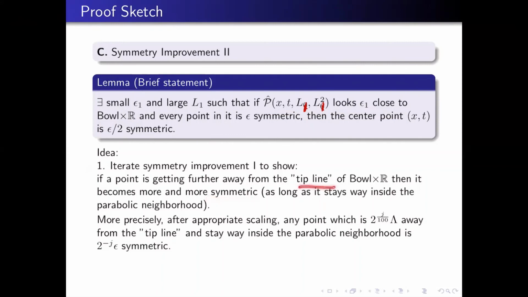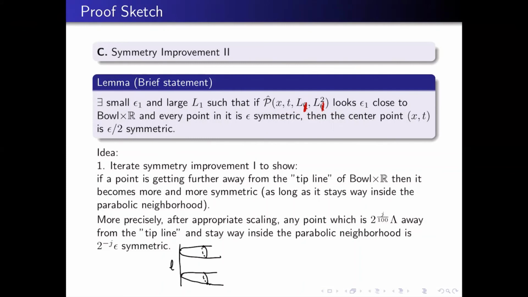So this tip line, remember that there is a unique tip for the bowl soliton, and this tip will become a line in the bowl cross R. So the picture should look like this. And this we will call L.